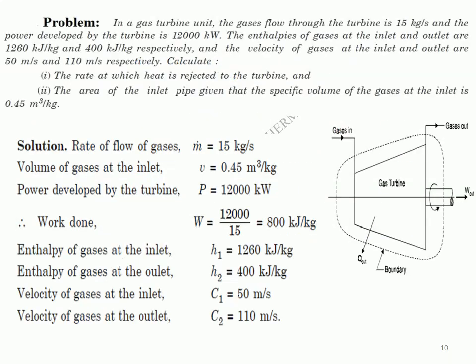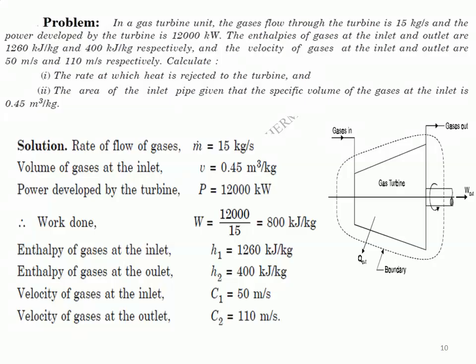In a gas turbine unit, the gas flowing through the turbine is 15 kg/s and the power developed by the turbine is 12,000 kilowatts. The enthalpies of gases at the inlet and outlet are 1260 kJ/kilograms and 400 kJ/kilograms respectively, and the velocity of gases at the inlet and outlet are 50 meters/s and 110 meters/s respectively.